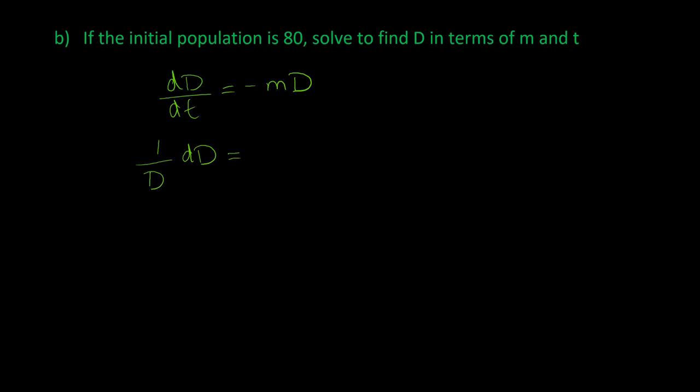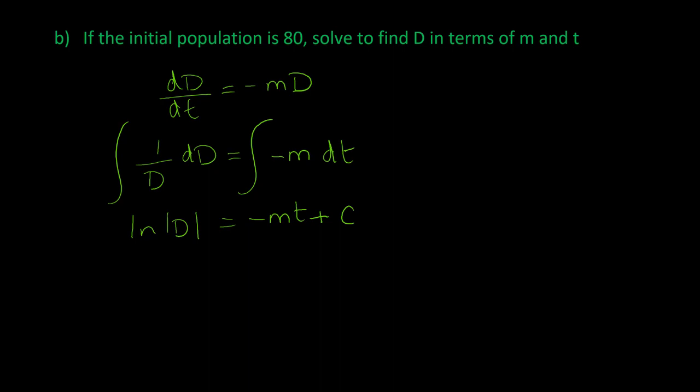And then on the other side, I'm going to have my minus m dt. And so we're going to integrate each side separately. So that's going to give us ln d on this side, and on this side we're going to have minus mt plus our constant of integration.